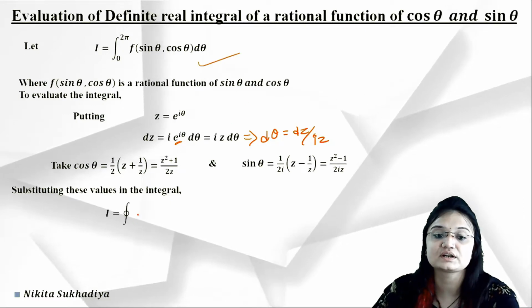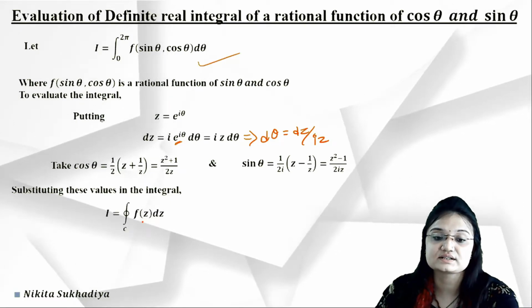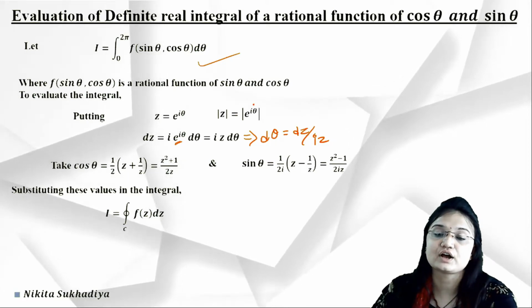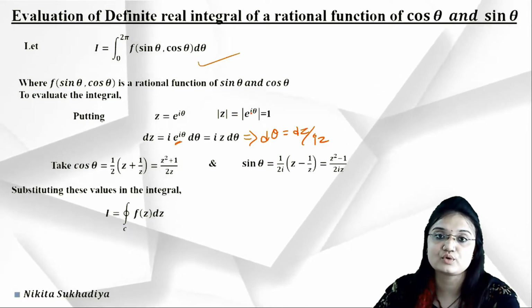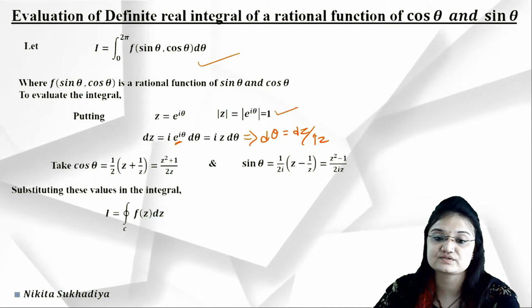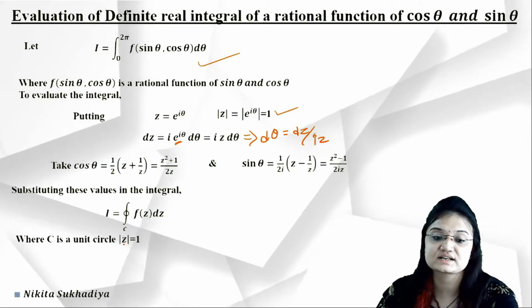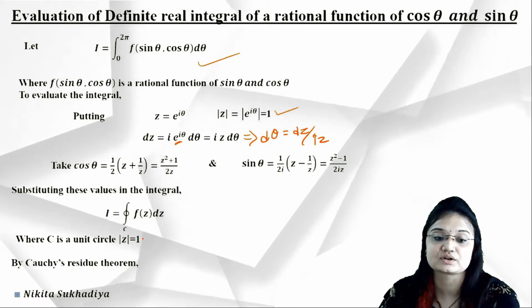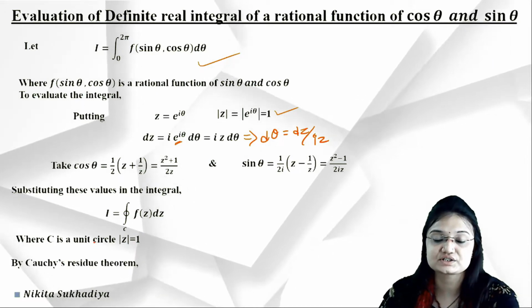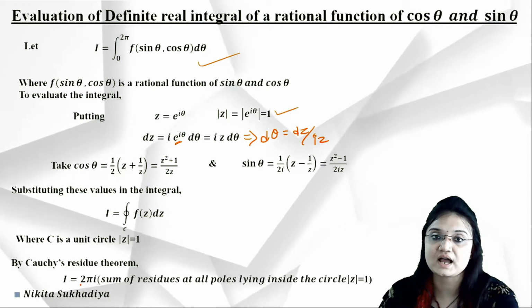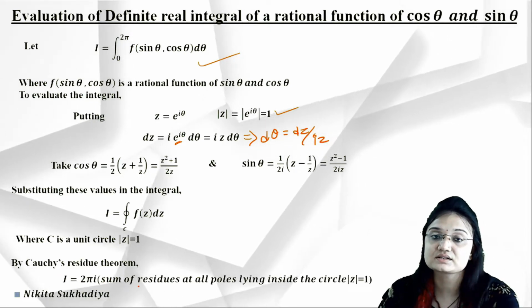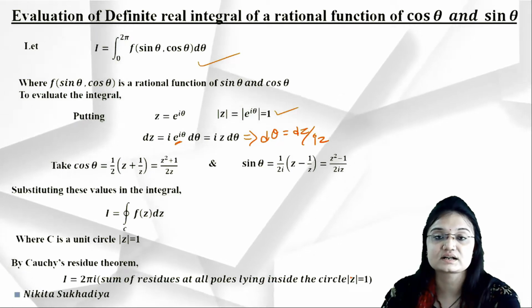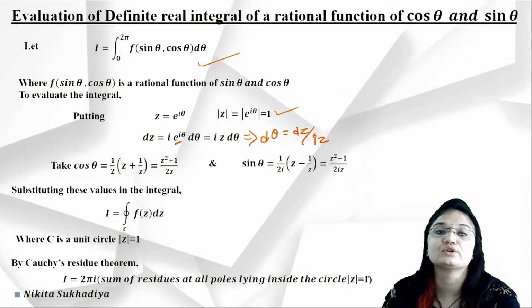We get I equal to the integration of f of z dz. Here modulus of z equals modulus of e raised to i theta, which is 1, where C is the circle with modulus of z equal to 1. So by Cauchy's residue theorem, I is equal to 2 pi i times the sum of the residues at all points lying inside the circle modulus of z equal to 1 only.